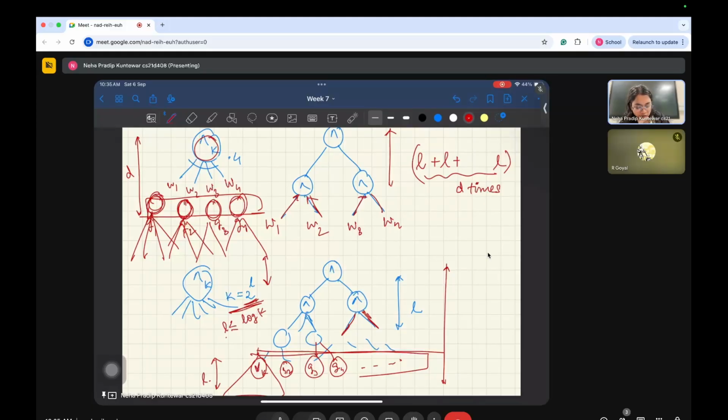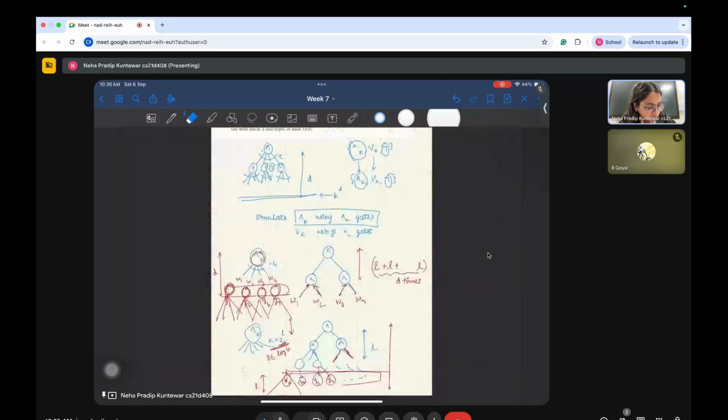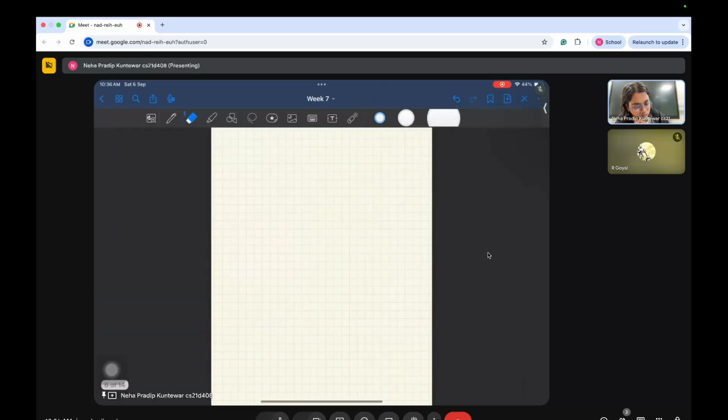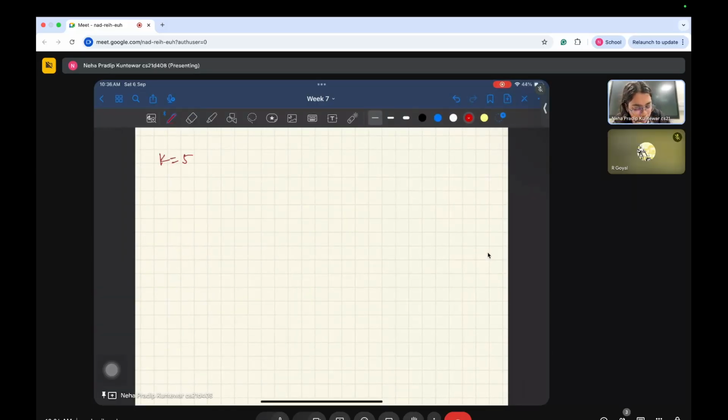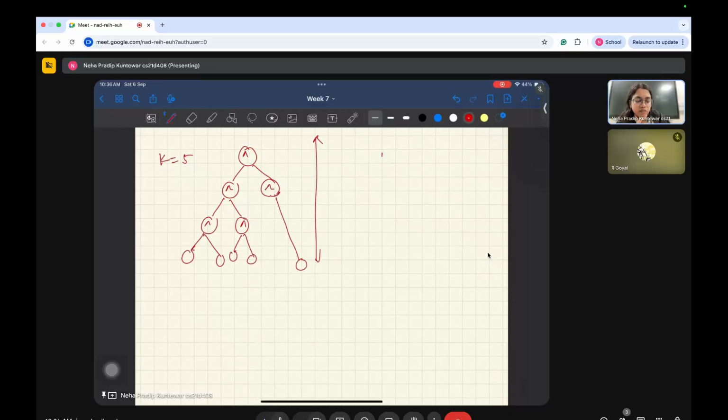So for example, if K were 5, even then the blow up that will happen in the height is the same as what it would have happened for 8. So it's just that we did not use this part.